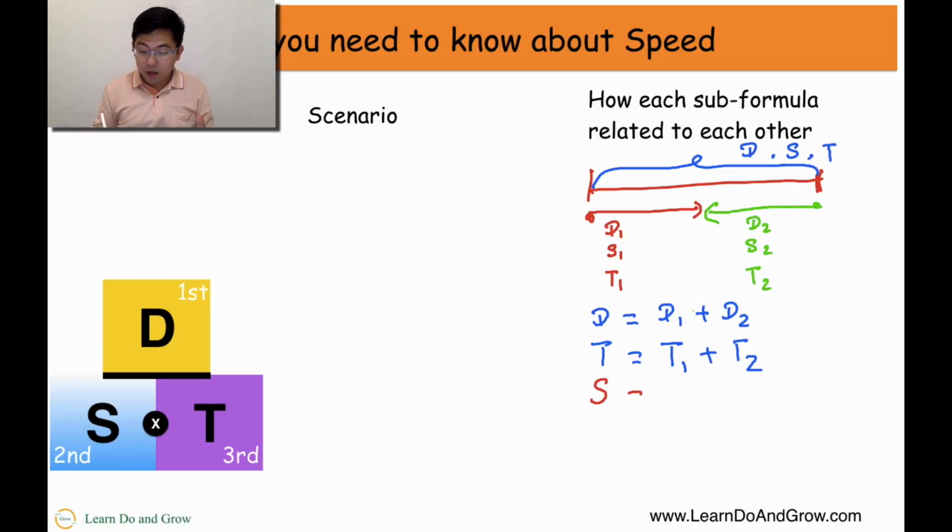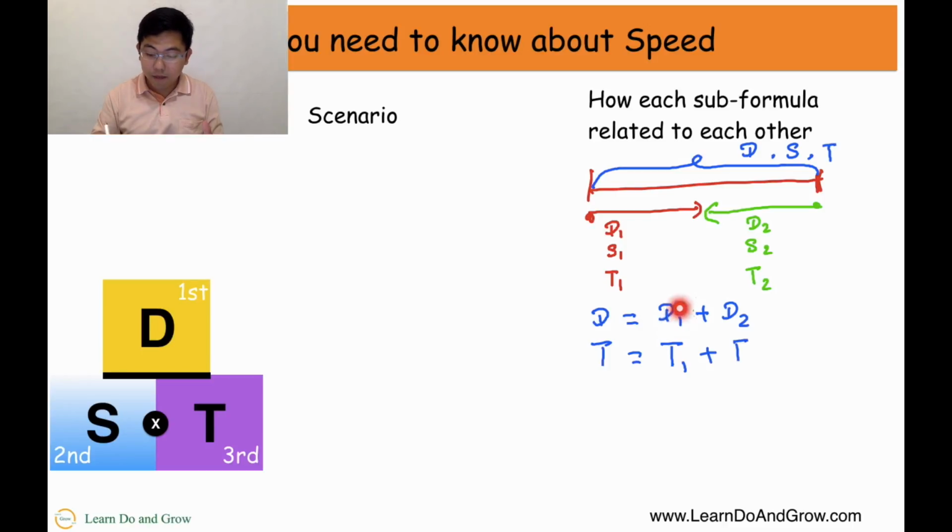That is one way to know how all these sub-formulas relate to each other. Later on during the examples, you will know why I show you this and how useful it is, that it will help you to solve any question.